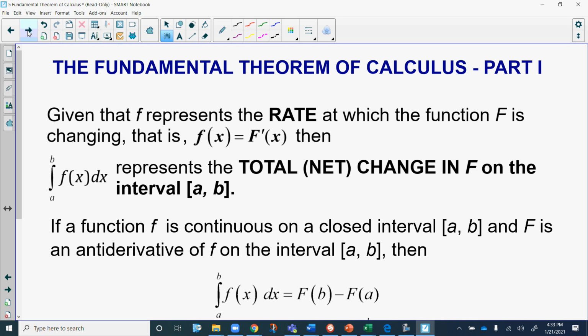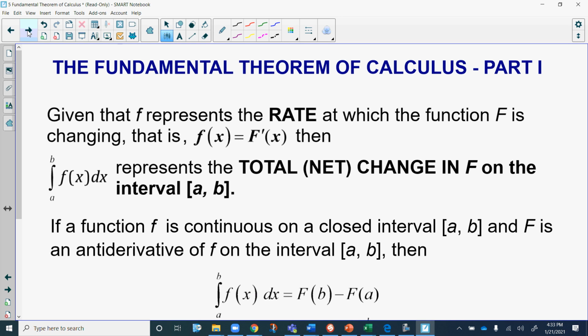Given that lowercase f represents the rate, the derivative, at which function capital F, the antiderivative, is changing. That is, the function f of x should equal the derivative of the antiderivative, which is a bit of a mouthful.